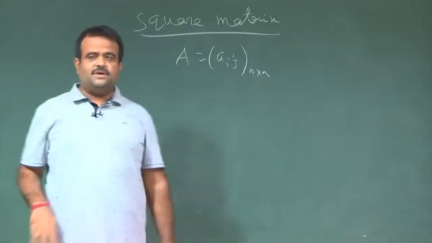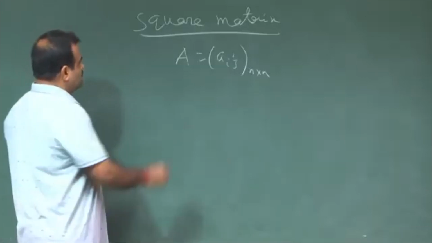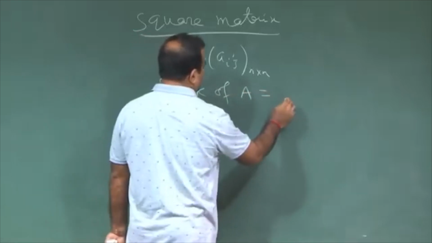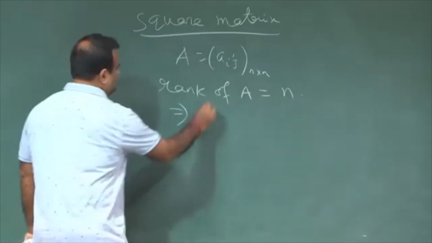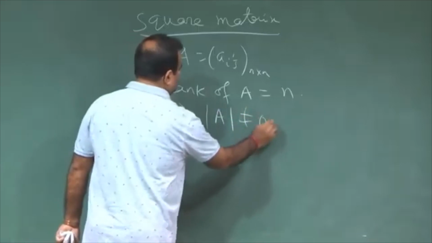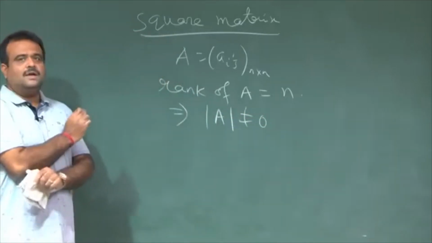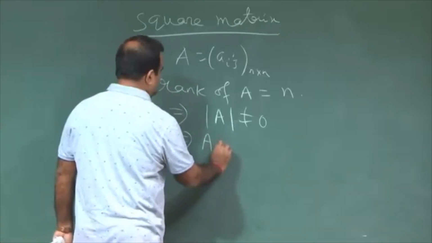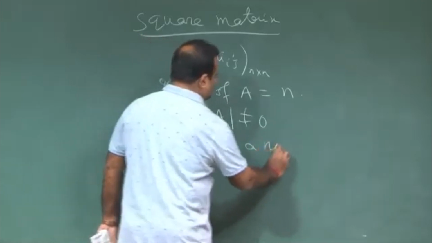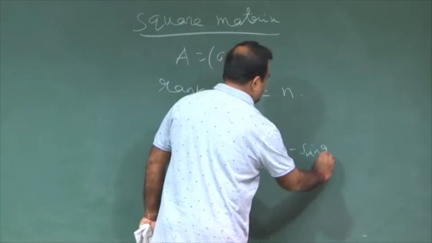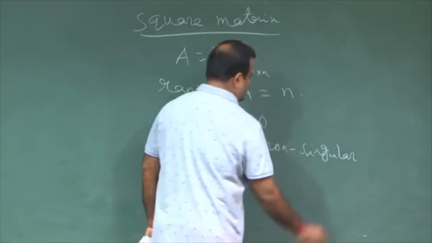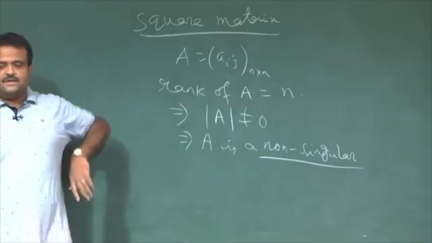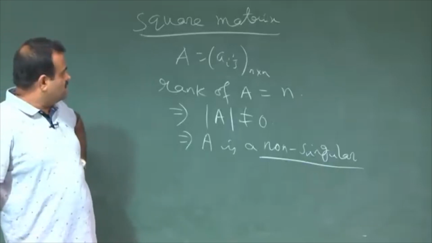If the rank of this is n, this means the determinant of A is non-zero. Then A is called a non-singular matrix. Otherwise, if the rank is less than n, then we say this is a singular matrix.